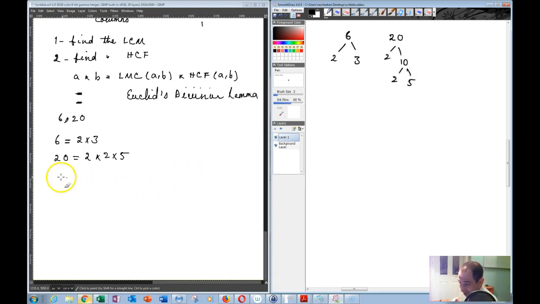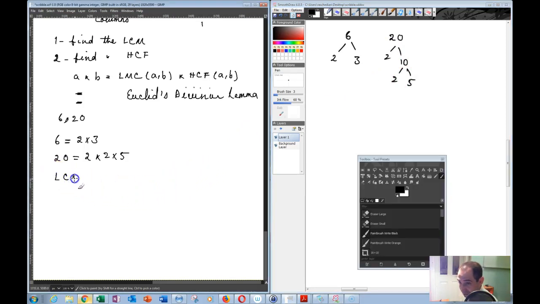So now to find the LCM of these two numbers 6 and 20, you want to find some number that has both of these numbers in it but no extra factors. For a 6, what you need is a factor of 2 and a factor of 3.